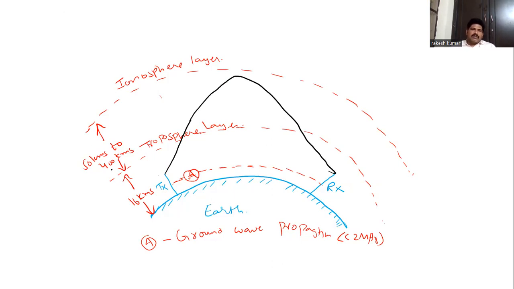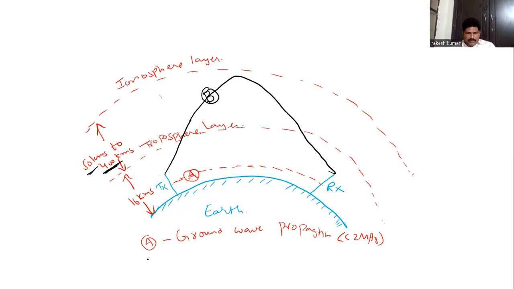What is the height where the ionosphere exists? The ionosphere exists from 50 kilometers to 400 kilometers above the Earth surface. So the signal compulsorily goes above the Earth surface to 50 kilometers and returns back. I am calling this B.